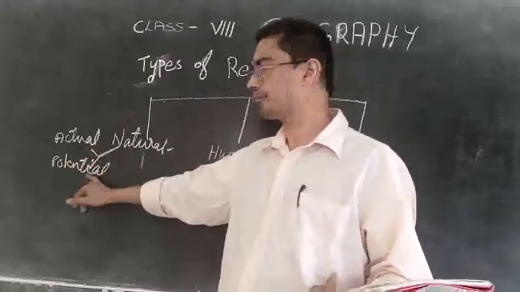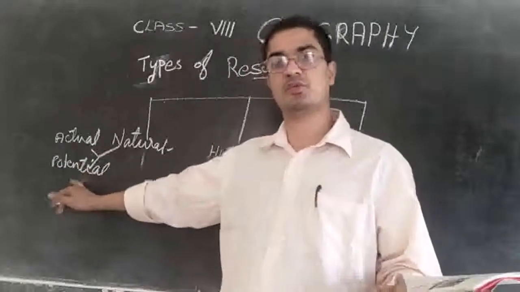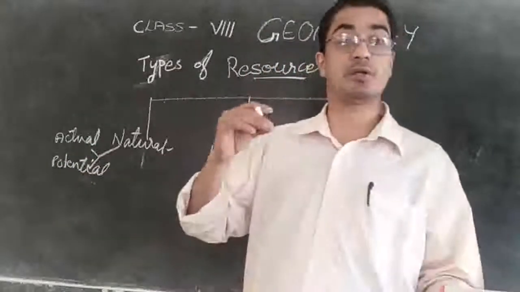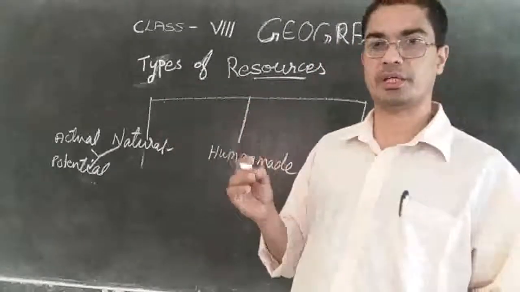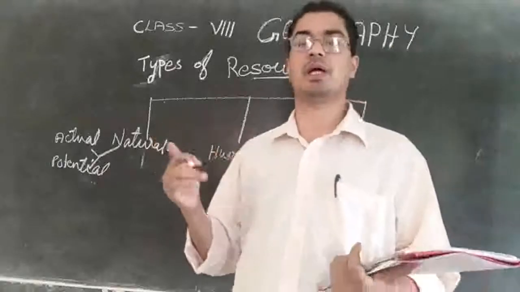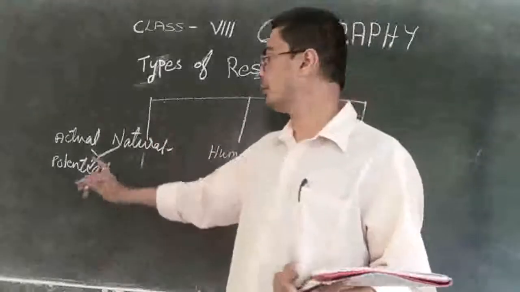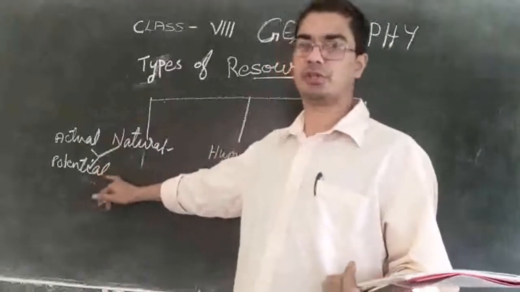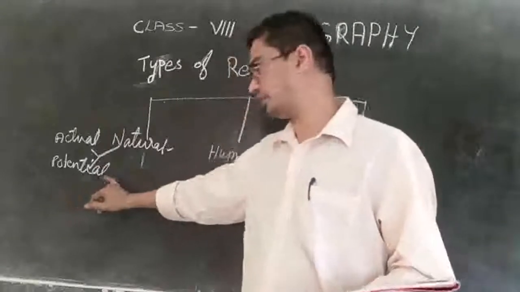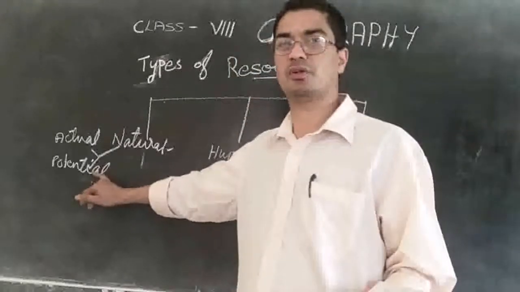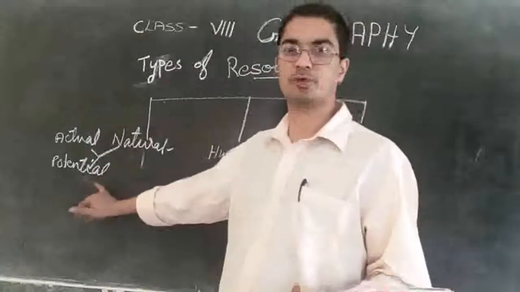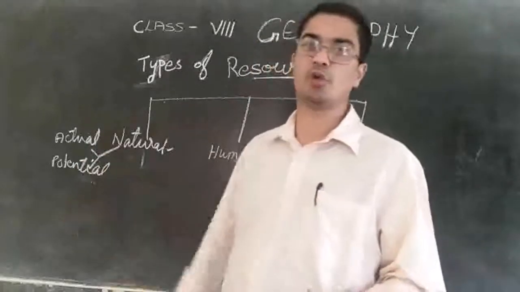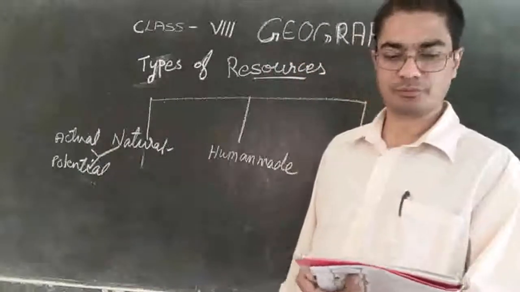In the same way, the potential resources that we are keeping for the future, because we don't have the technology to take them out, in the future we will have better technology and we will be able to use them. So when we start using it, we will call the potential resource an actual resource. At present we are not using it, therefore it is called a potential resource.